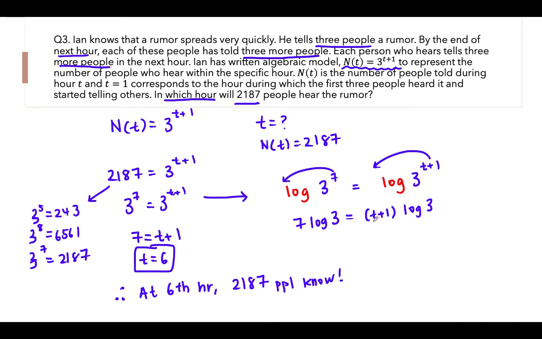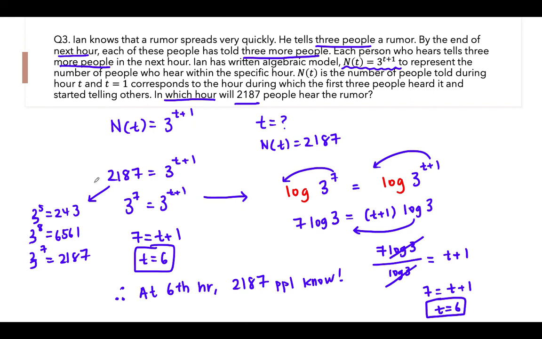And then, because we're looking for t, I'm going to move log 3 to the other side. So it's 7 log 3 over log 3, we're dividing, is equal to t plus 1. And you will notice that log 3 and log 3 cancel out, or you can punch it in your calculator, and you will still get 7 equals t plus 1. t is equal to 6. And that's how you do it.